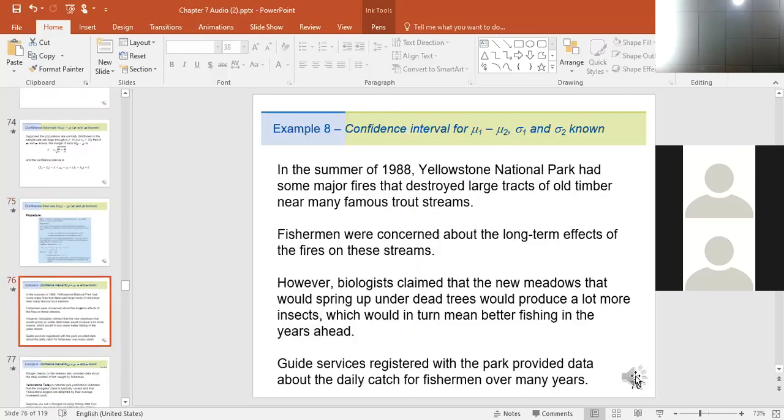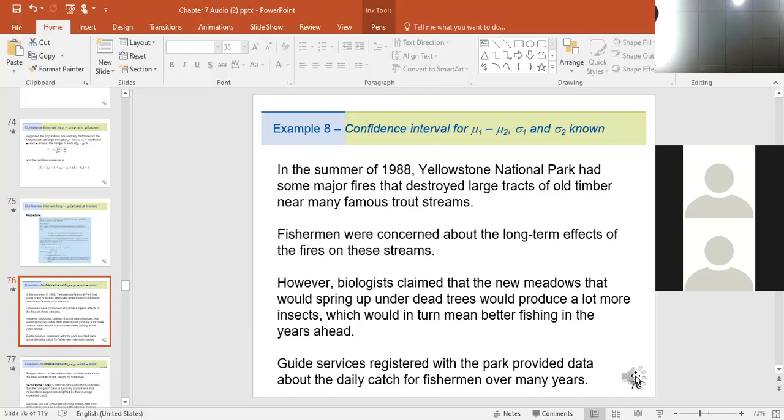Let's do an example. In the summer of 1988, Yellowstone National Park had some major fires that destroyed a large tract of old timber near many famous trout streams.